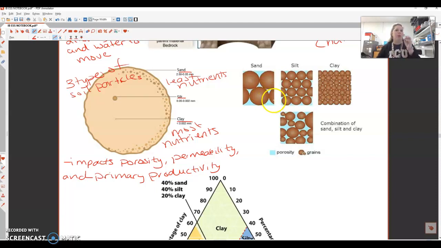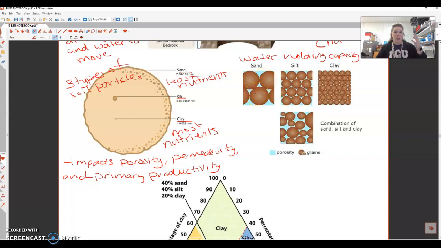Okay, so over here, this is showing us when we pack these soils together, what do the spaces between the actual soil particles look like? Okay, so this is showing us how the water holding capacity varies by soil type. So sand has the largest and most open spaces.